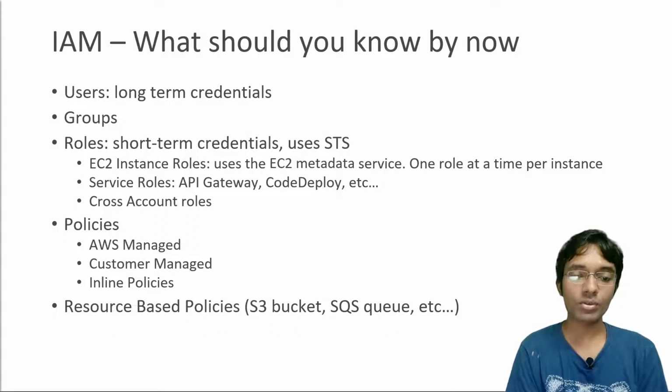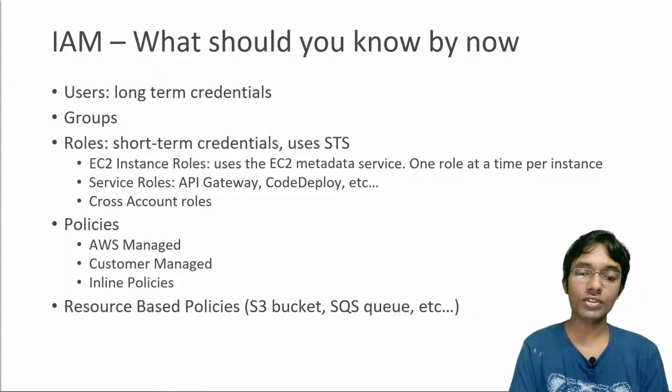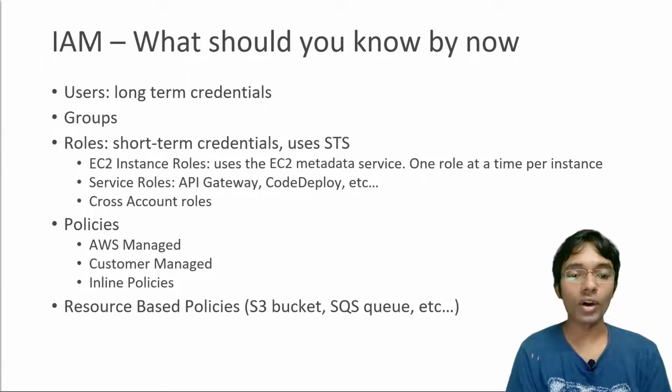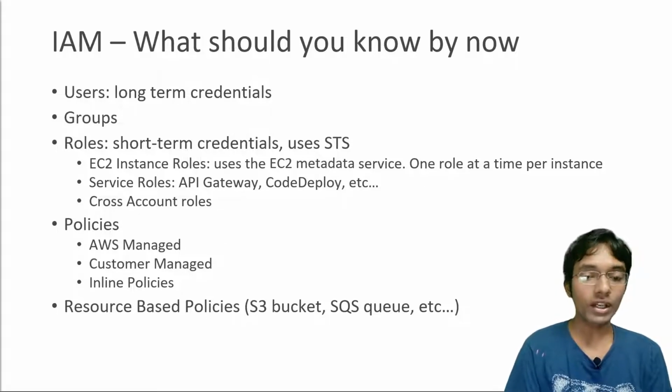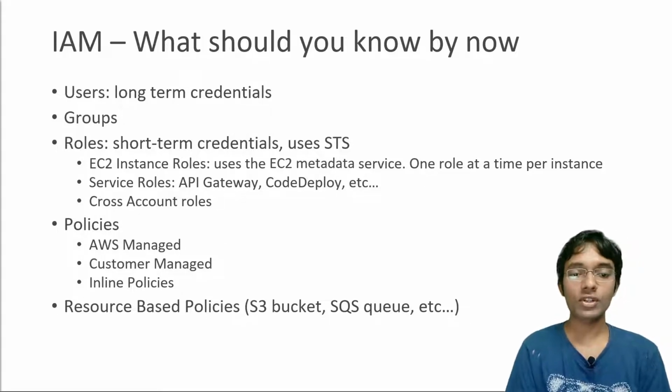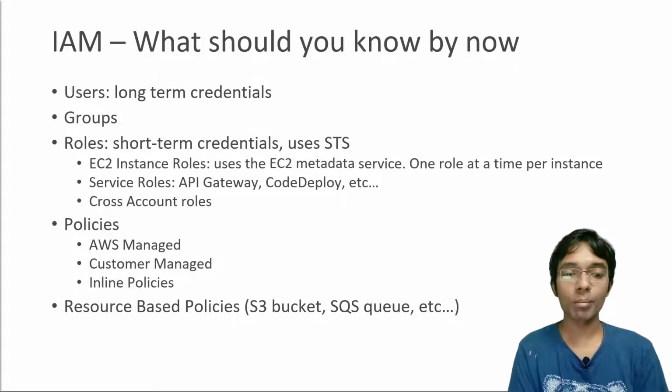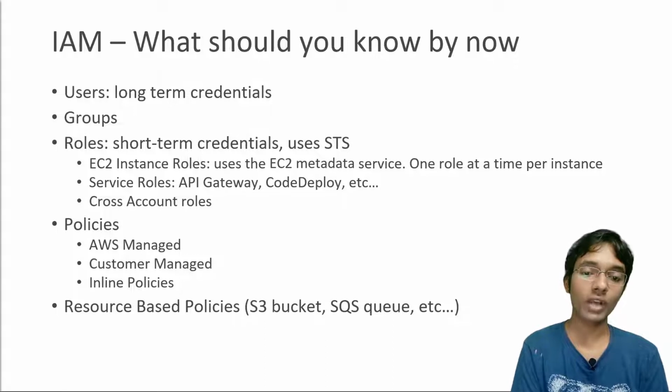Customer Managed policies are ones you create, and you can assign them to multiple users or multiple roles, and you can make them evolve over time and version them. The third one is the inline policy, which is assigned to one specific user or one specific role. You can make them evolve over time, but you cannot share them across users or across roles.